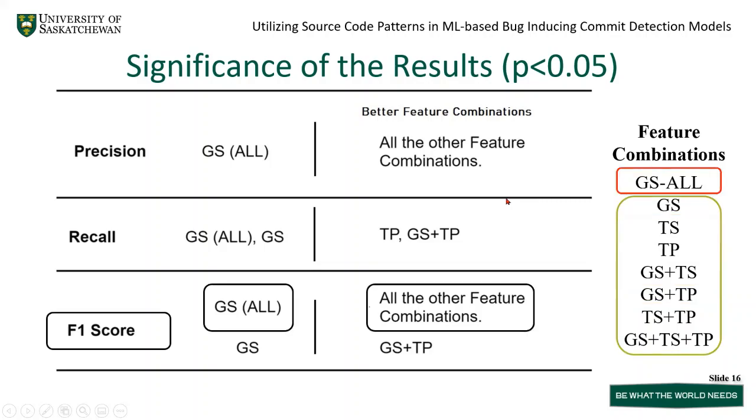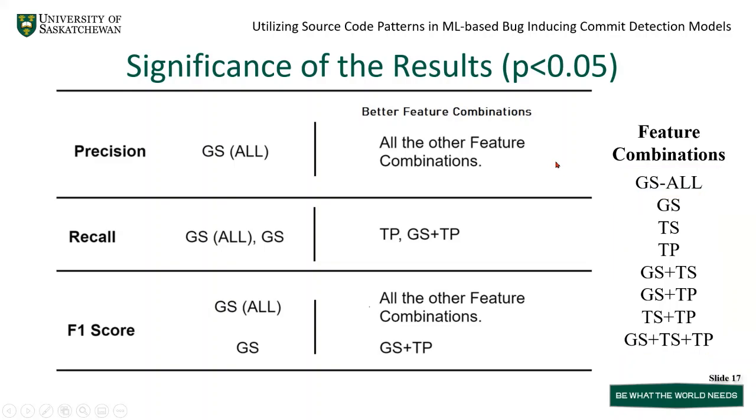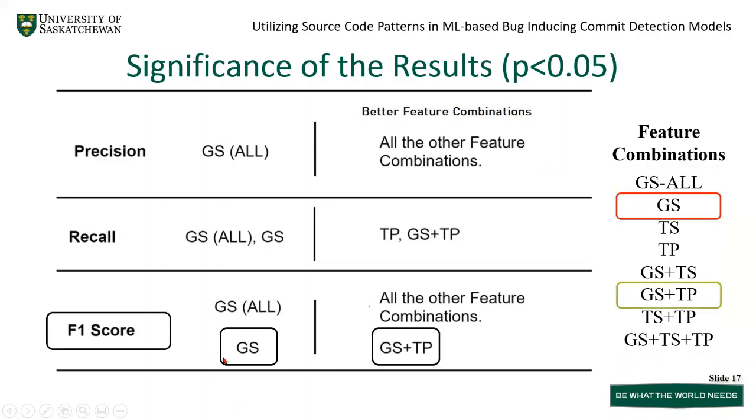If we consider the F1 score, we get two scenarios. The first scenario is the same as precision, where all the prioritized feature values perform better compared to the non-prioritized feature values. In the other scenario, the combination of token patterns and GS performs significantly better than GS alone.